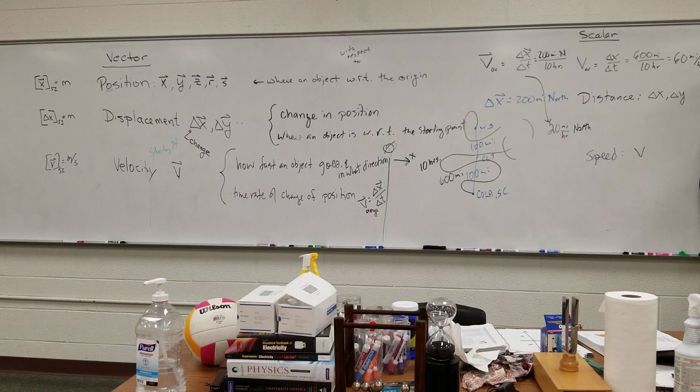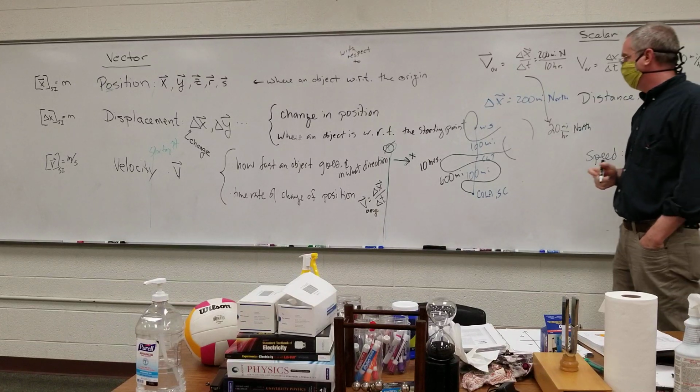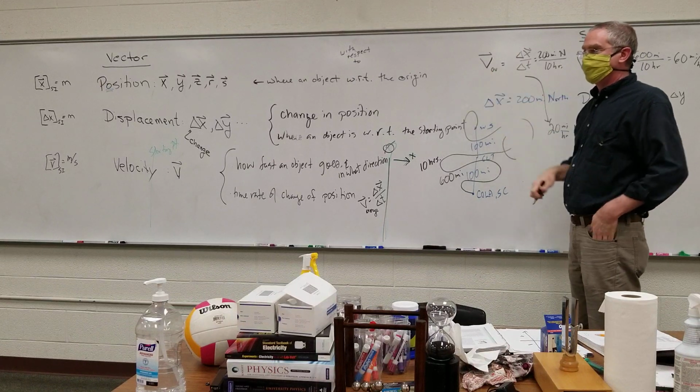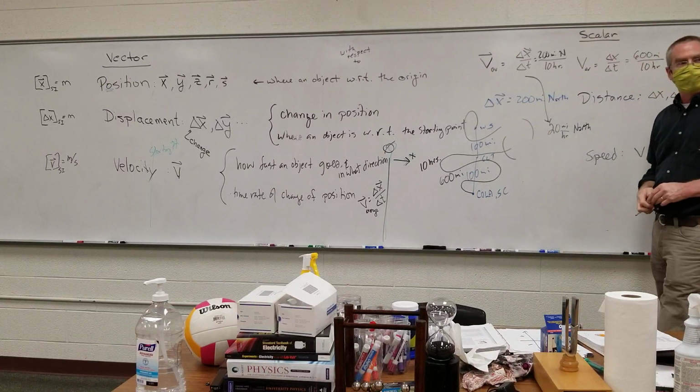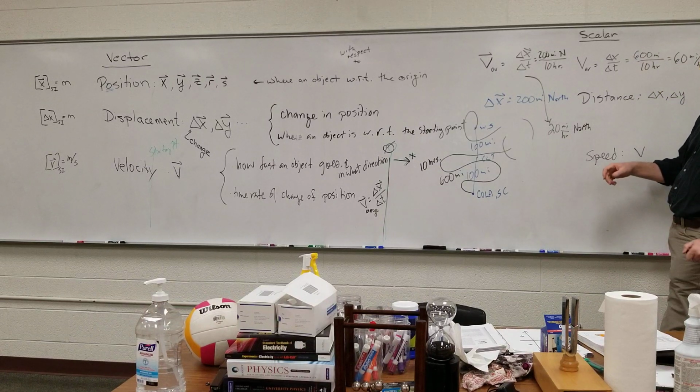We'll eventually get a different way of finding average velocity also. Question. Yeah, Brianna. The subscript on the velocities, is that an AV? Yes, for average. What's the difference between the one with a line on top of it and the one with no line?